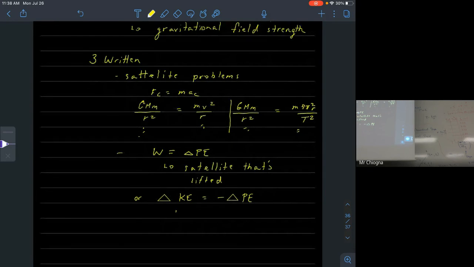So this is for a falling satellite, falling object. Usually it's calculate speed before it hits. Okay, so that's the basic rundown.